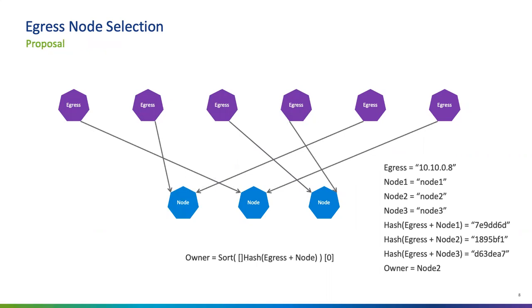It's not exactly consistent hashing, but kind of that. For example, for each egress, we will calculate the hash value of each node, the hash value based on the egress metadata, also including the node's metadata.